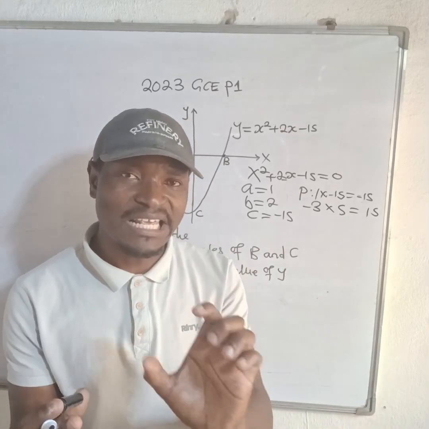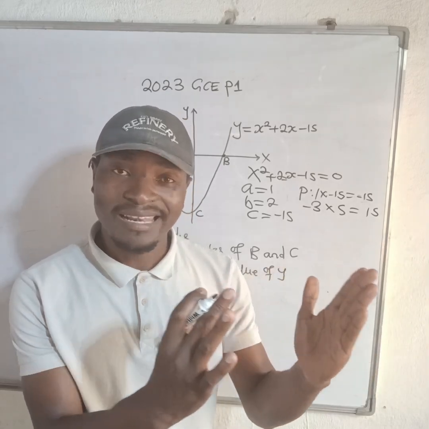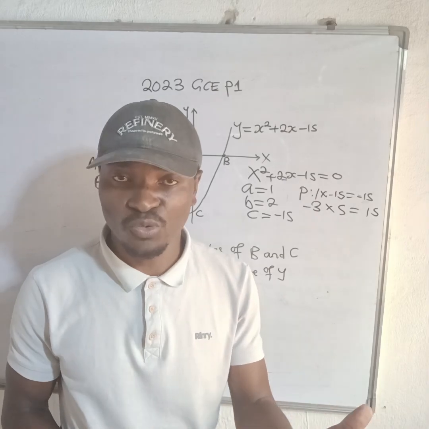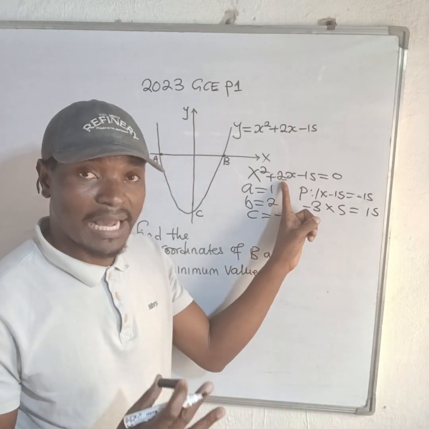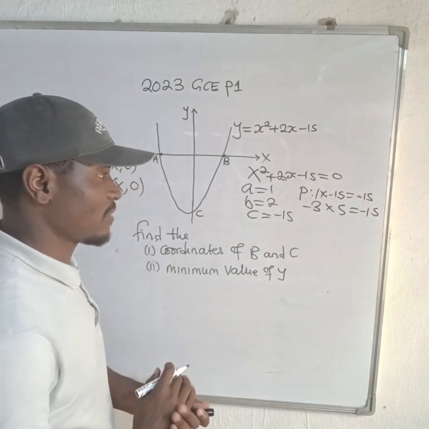But if we make the 5 negative, negative 5 plus 3 gives negative 2, and that is what we don't want, because we want positive 2.